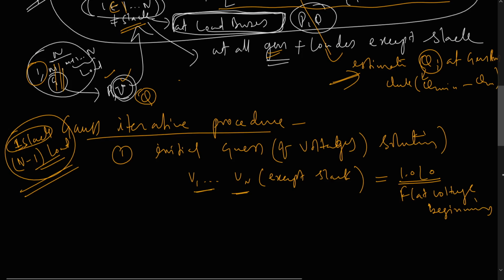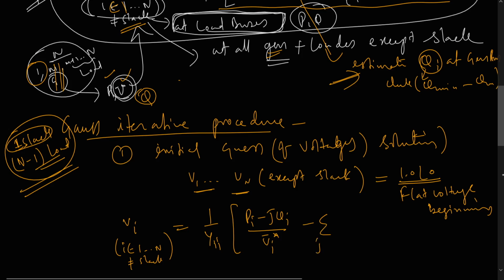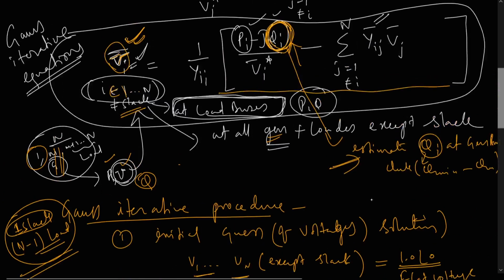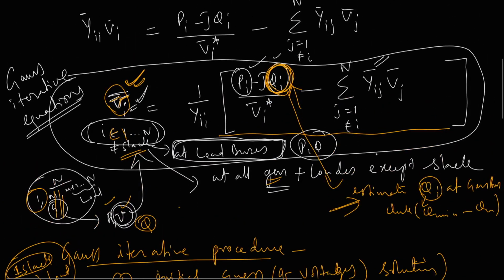Then solve for Vi, for i belonging to 1 to n and i not equal to slack, by using this equation: Vi = 1/Yii [(Pi - jQi)/Vi* - summation j = 1 to n, j not equal to i, Yij Vj]. That is what I have written here.